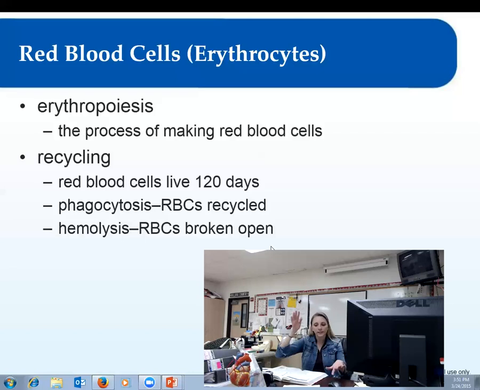So it's just constant, it's homeostasis, constantly working. You can see a really good picture of that on page 340 at the bottom. Low oxygen in blood, kidney secretes, stimulates red bone marrow, which increases red blood cell production, which results in an increase in blood oxygen, which is going to decrease the hormone.